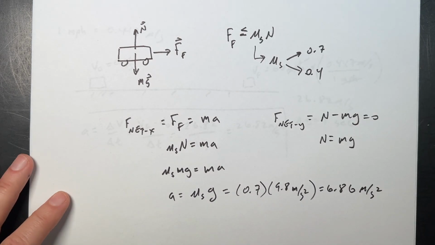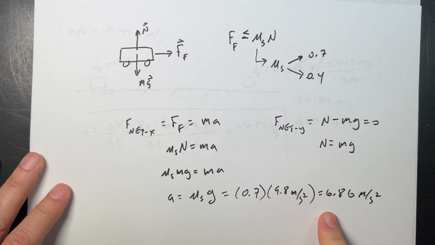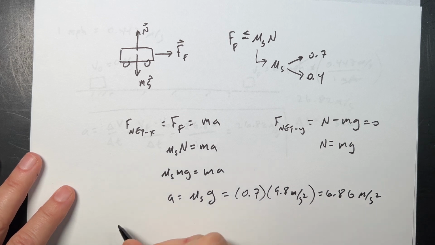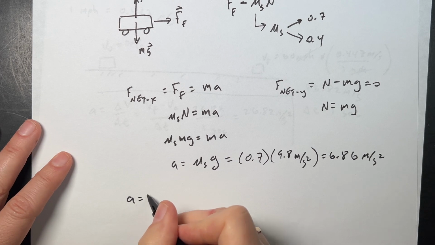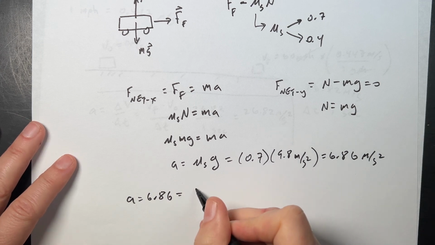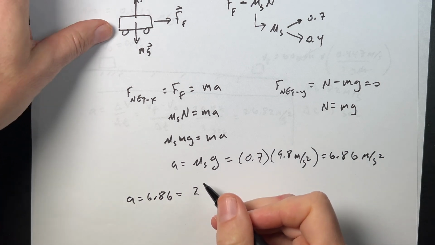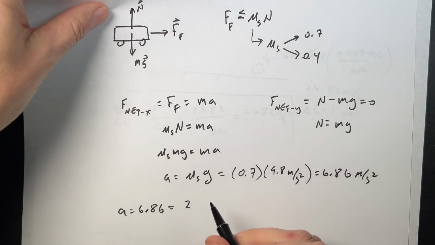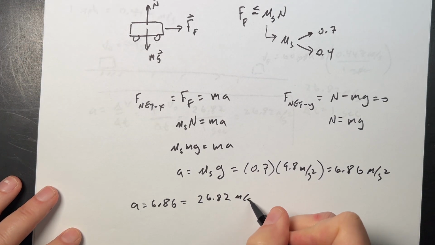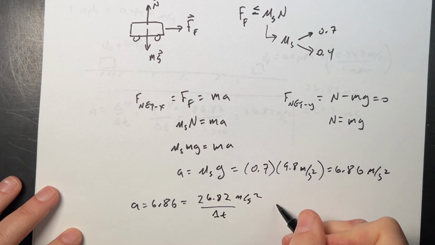So using that alone, what would be my maximum acceleration? What would be my time to 60? If that's my acceleration, a equals 6.86 equals the change in velocity, which is still the same change in velocity, 26.82 meters per second, divided by delta t.